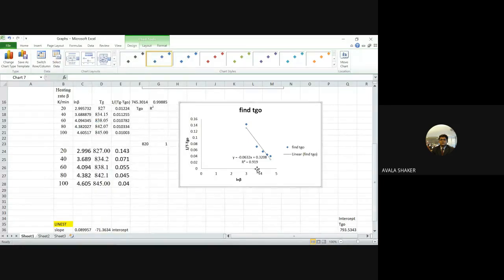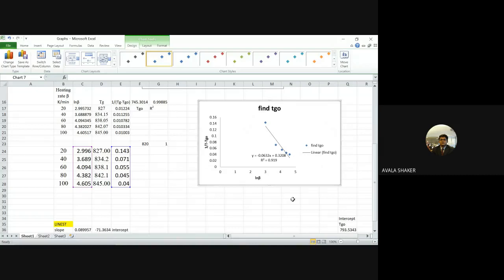Now you see that you're getting r square as 0.919. Not very bad, but if you had taken 830, it would have been really bad because one of the points was just out. So is this clear?